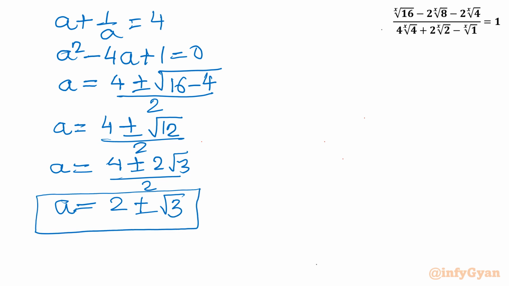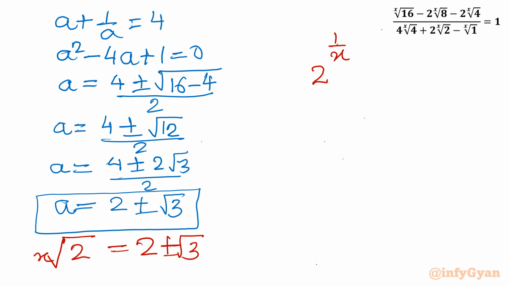Now what was a? a was the exponential substitution, xth root of 2. So I will write here xth root of 2 equals 2 plus minus root 3. Now let me write in this manner: 2 power 1 over x equals 2 plus minus root 3. Now let us take log on both sides.